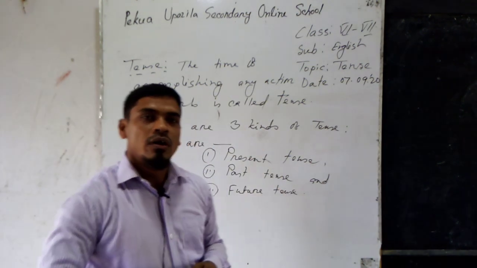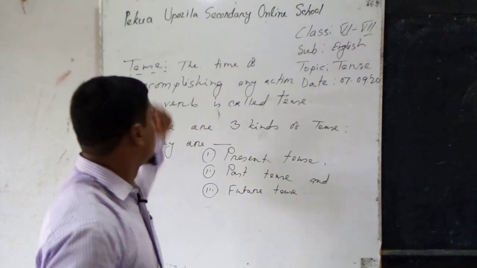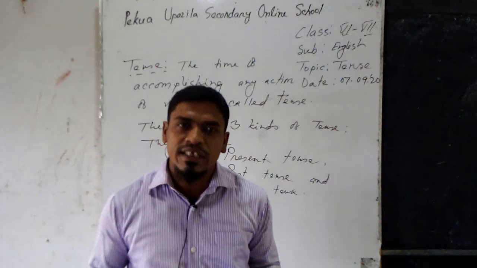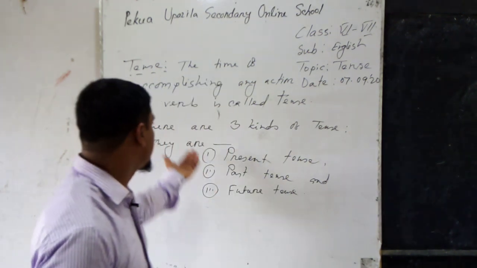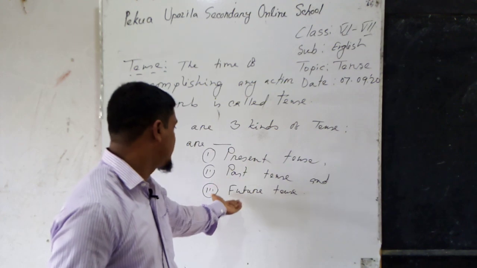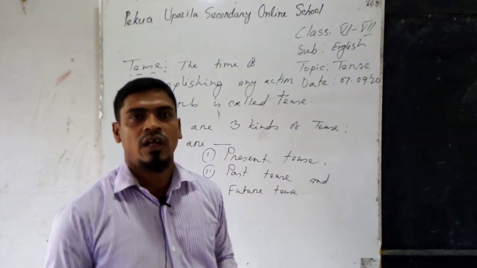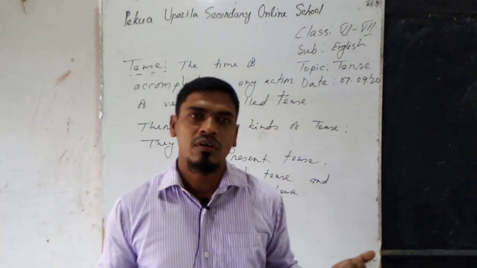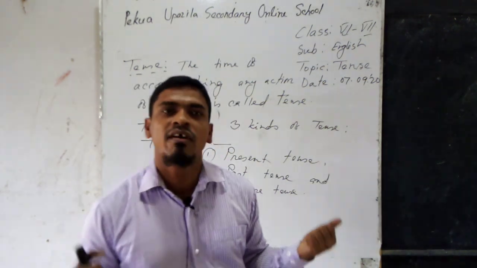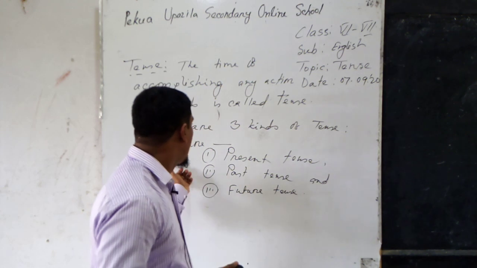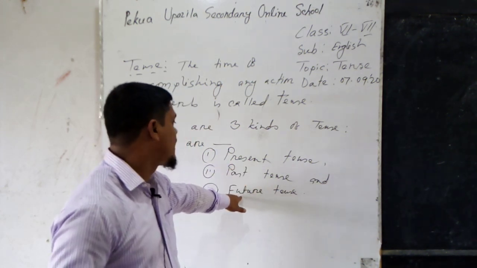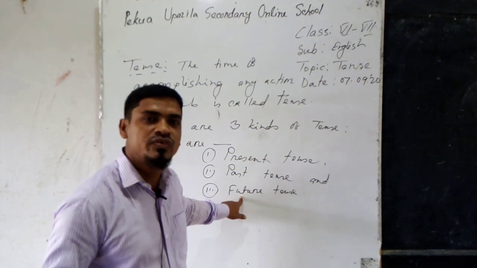So what we know here: the first one is the definition and the second one is the division of tense. There are 3 kinds of tenses: present tense, past tense and future tense. The spelling should be accurate if we want to learn English perfectly.